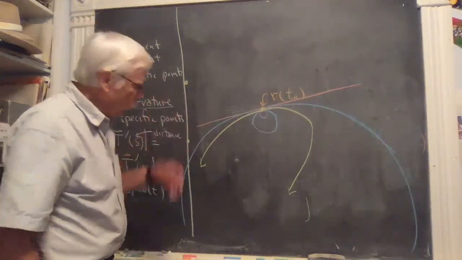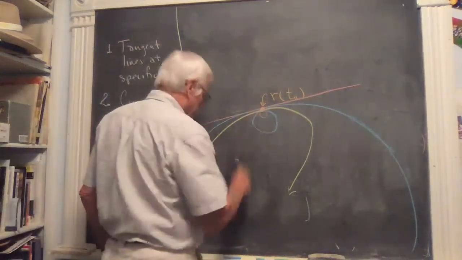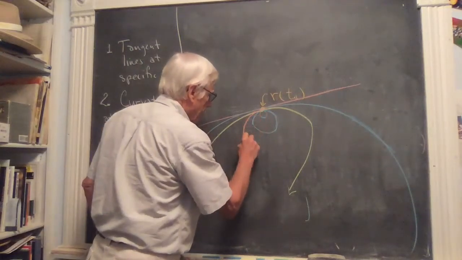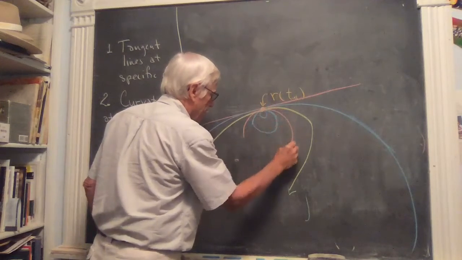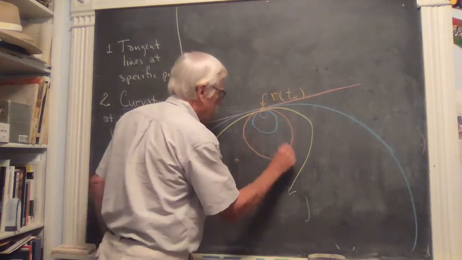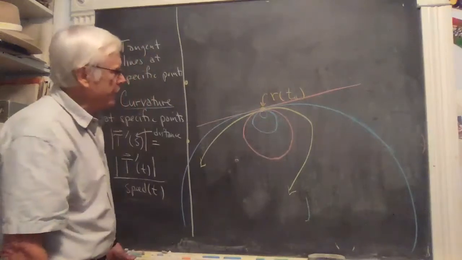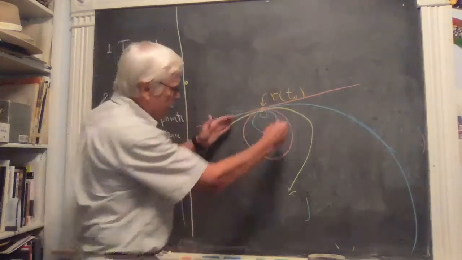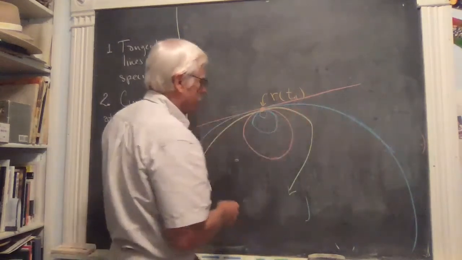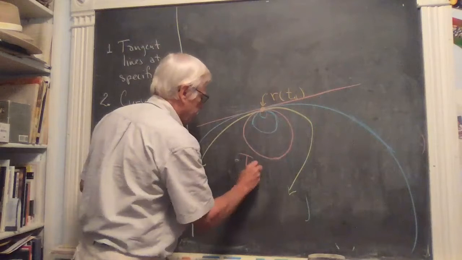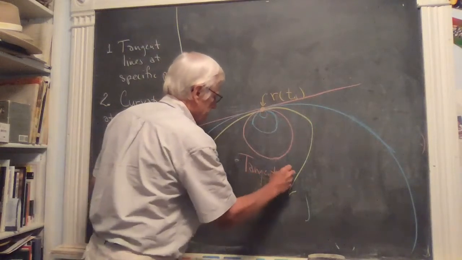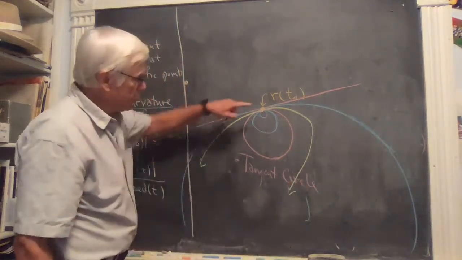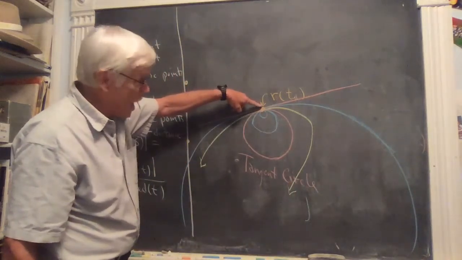And there's exactly one circle which is kind of right in the middle. So anything bigger will lie partially on the outside. Anything smaller will lie on the inside. So too small, too small, too small, then you get too big, and there's exactly one circle in the middle. This is called a tangent circle. Now, all of these circles that I'm talking about are tangent to the tangent line.